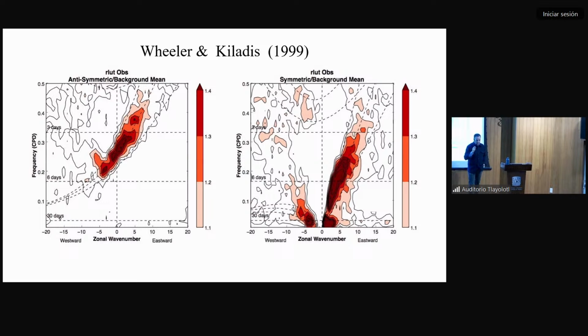So what Wheeler and Kiladis found is that in the OLR, when you see convection, you see these Matsuno solutions, but with very, very shallow scale heights. It means that in a nonlinear relationship between the wave and convection, the convection slows down the wave. How?